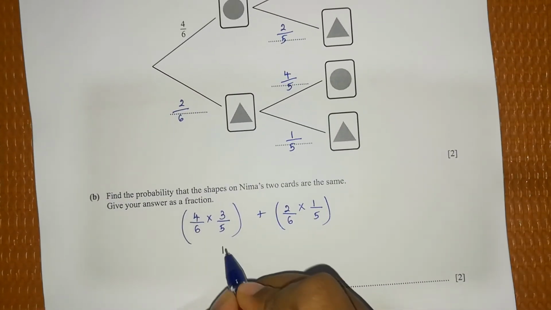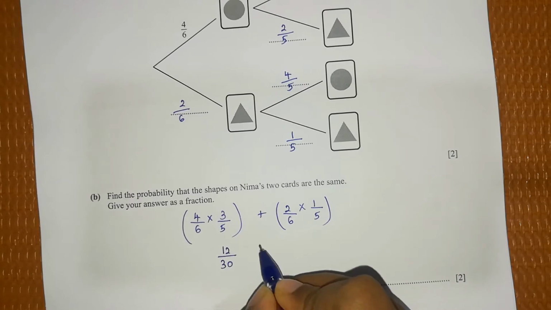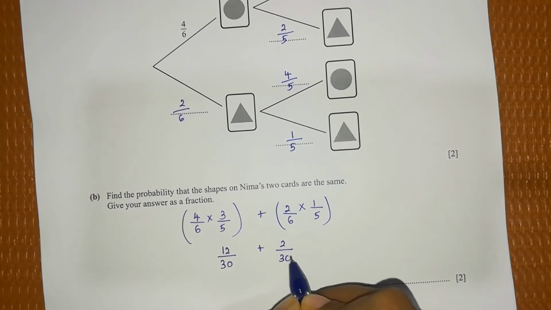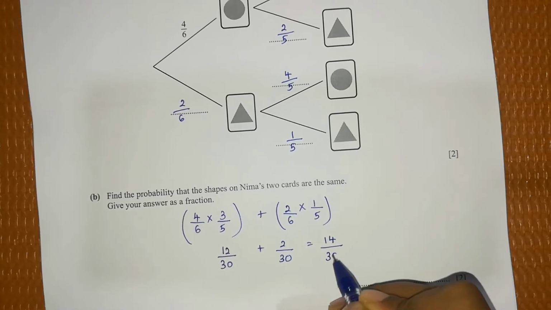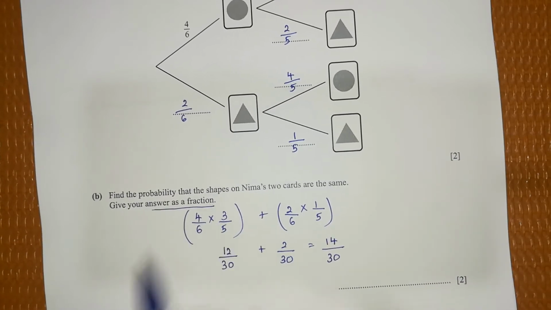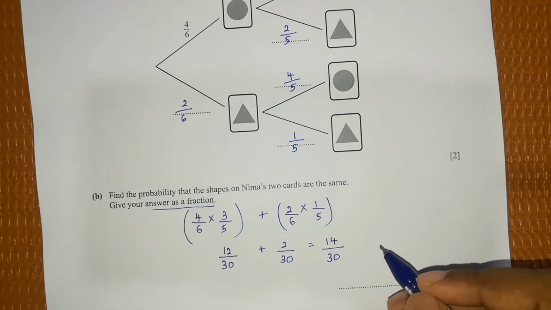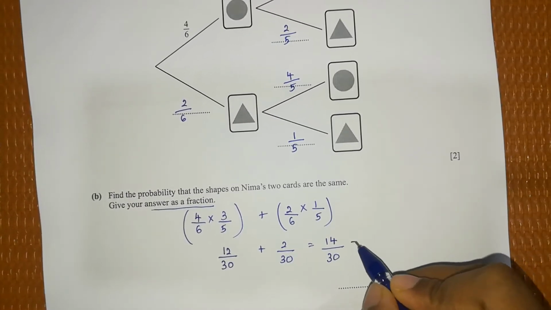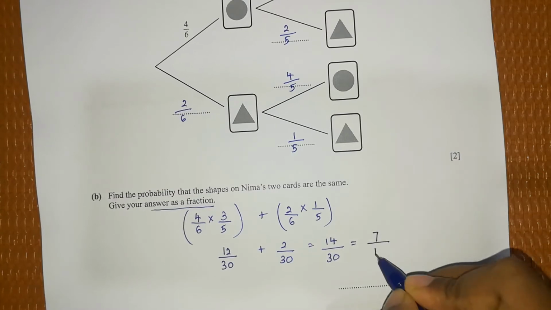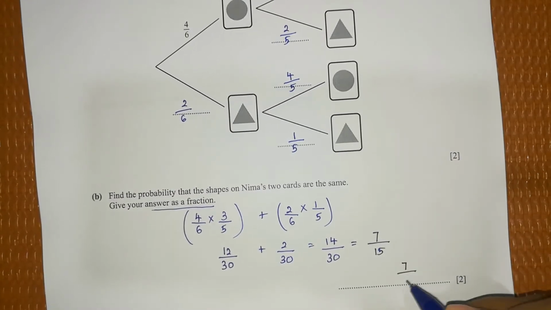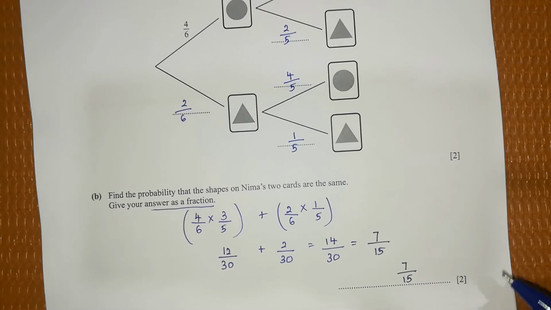Then here 12 upon 30 plus 2 upon 30, which is 14 upon 30. Like they say, give your answer as a fraction. It is not compulsory to simplify, but still if you can see the numbers are simplifying, you can simplify your answer. So the answer is 7 upon 15.